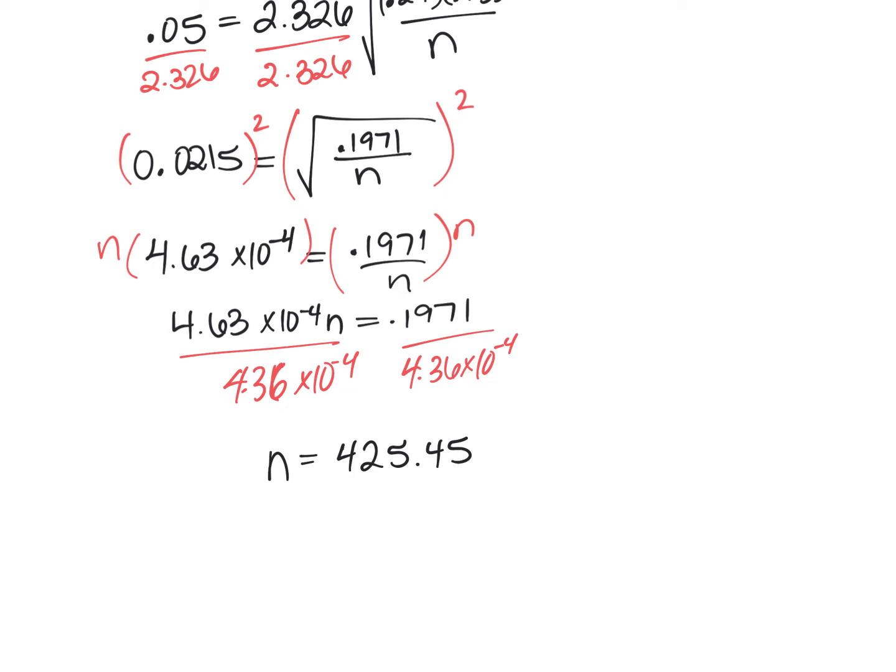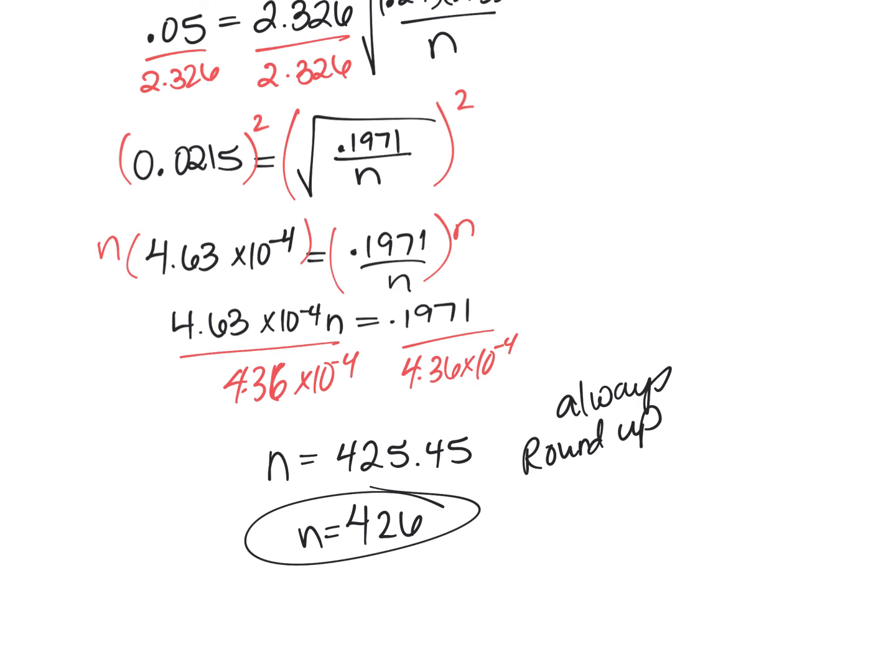Can I have 0.45 people in my sample? No. So we're going to round up. So 426. You get marked off if you don't round up. Yes?